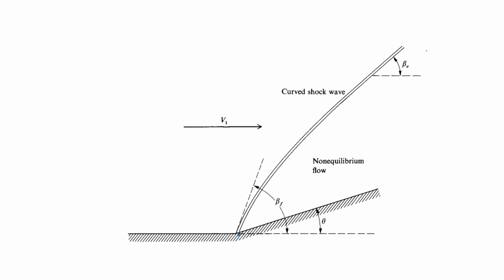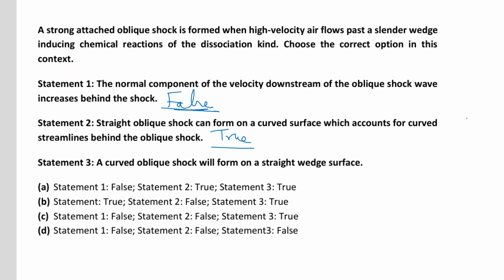And as the velocity increases, then near the body, these velocities will be equal to each other. So it is also possible that a straight wedge will have a curved shock wave. So a curved oblique shock will form on a straight wedge. This is a true statement. So what will be the option? Option A will be correct.